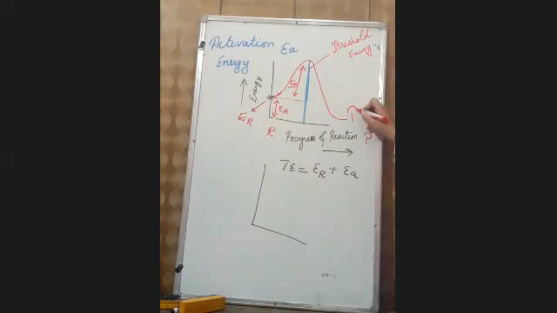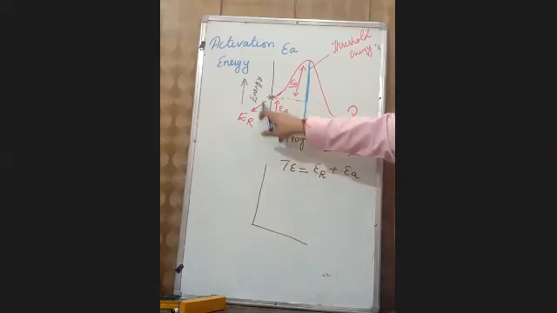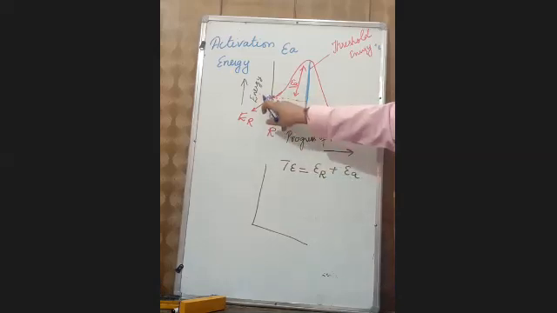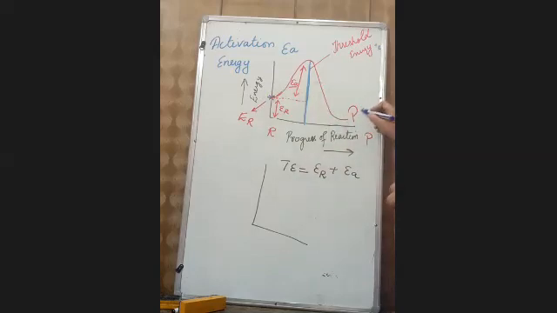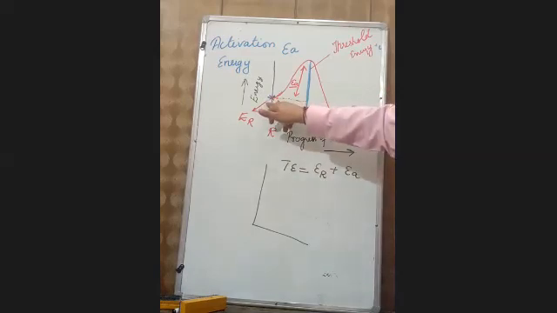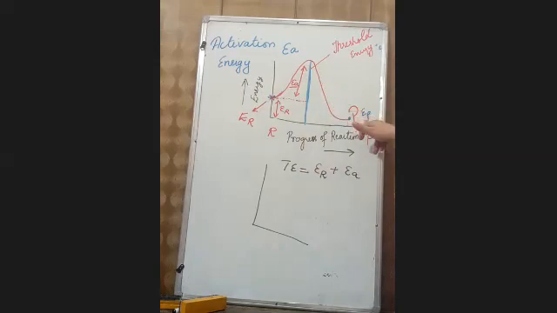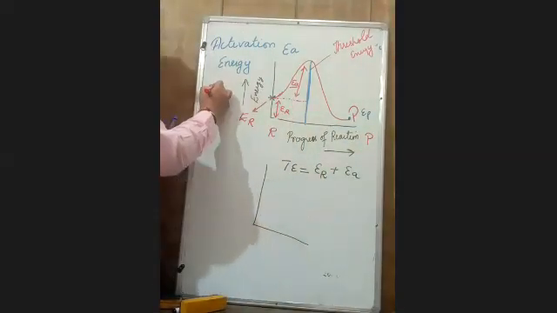Here the product formation takes place. We have started from here. This is the energy of reactant. So this will be the energy of product. Dear students, you started from here and you come here. This is the graph of an exothermic reaction.